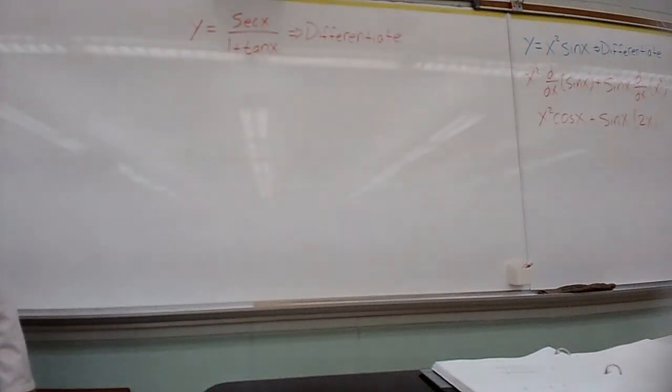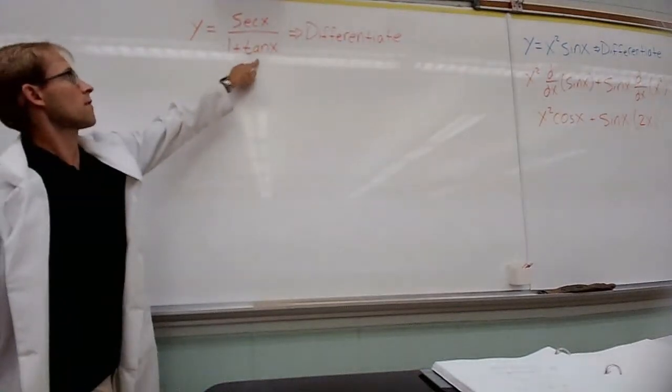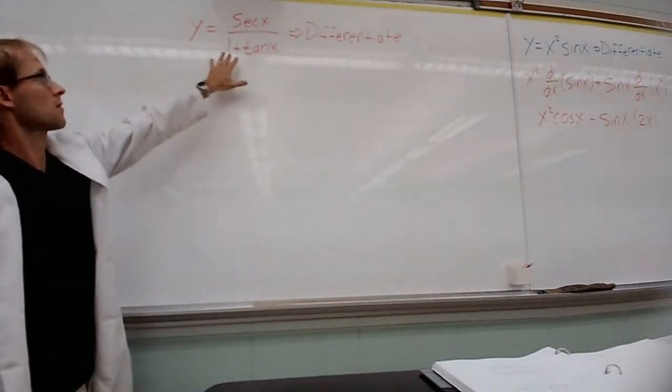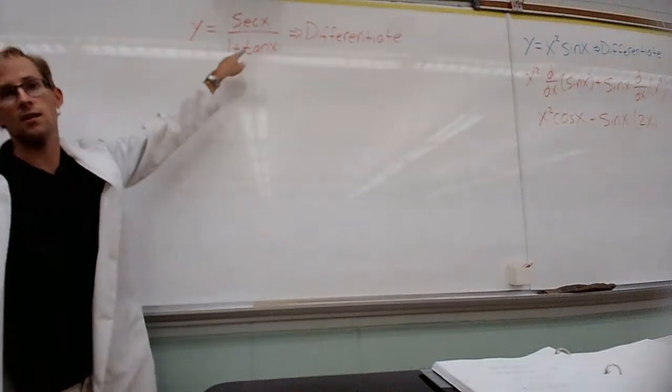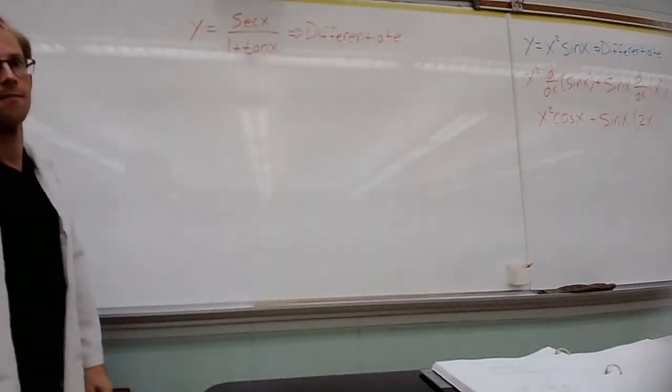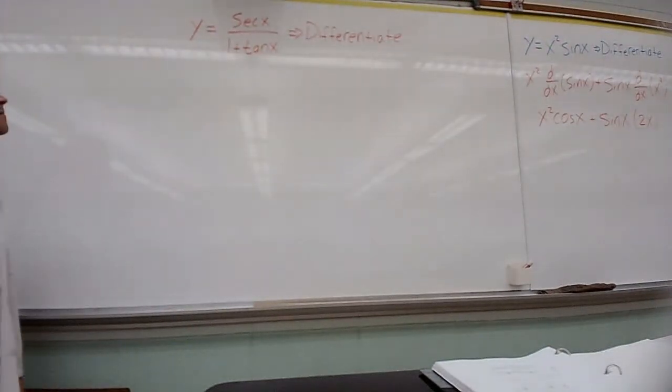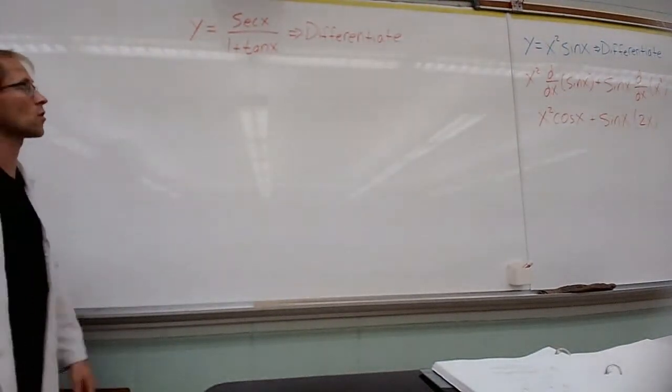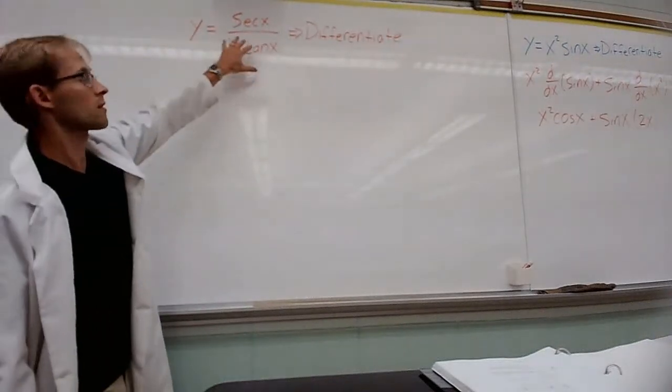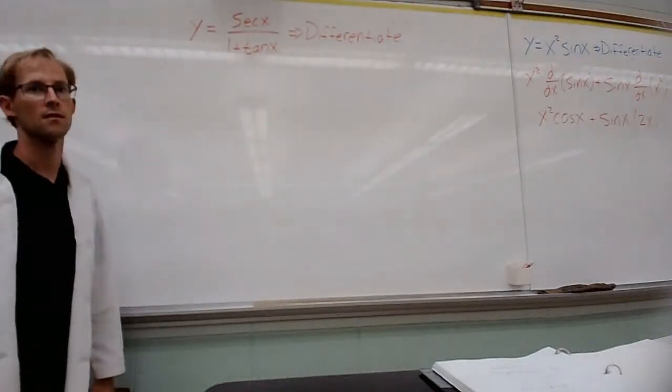What did you say about the bottom? When you take the derivative of 1 plus tangent x, you have to do them separately. There's no trig function where... Oh, you know what I mean? Gotcha.